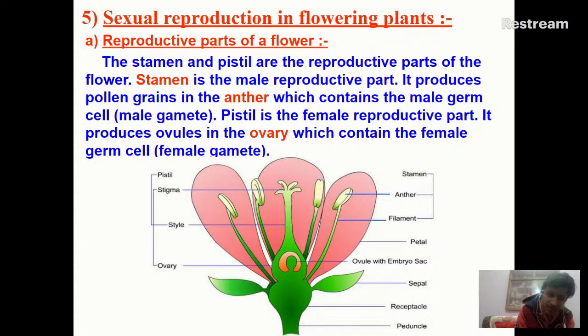That stamen is a male part of plants. And here is a question with you.